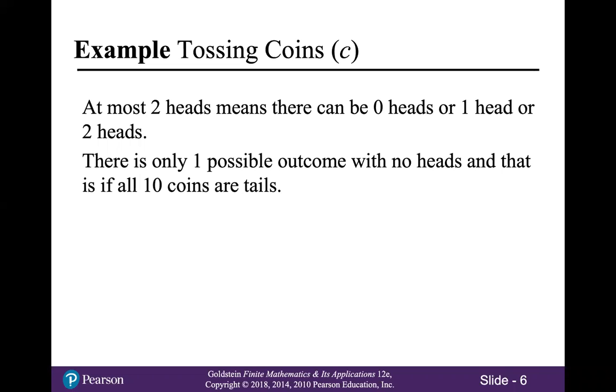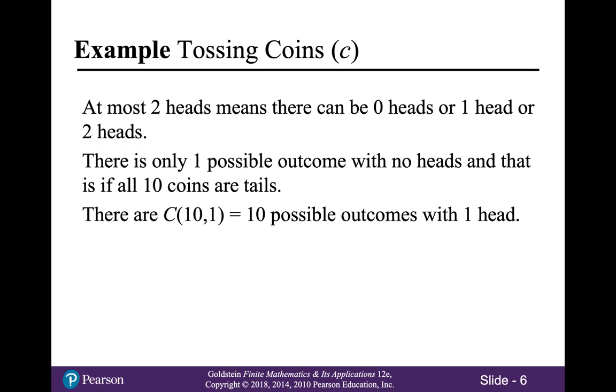There's only one possible outcome with no heads, and that's if all 10 coins are tails. So there's only one like that. There are 10 choose 1 or 10 possible outcomes with 1 head, which also makes sense, right? The 1 head could be first or second or third or fourth, etc. So there are a total of 10 of those.